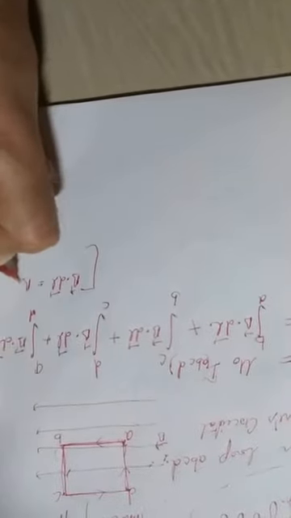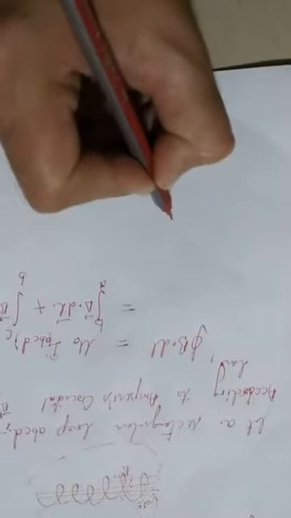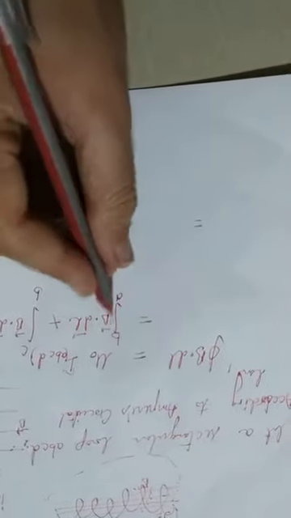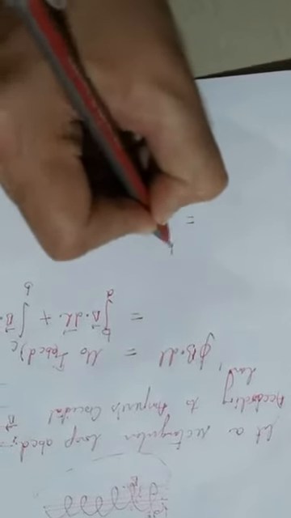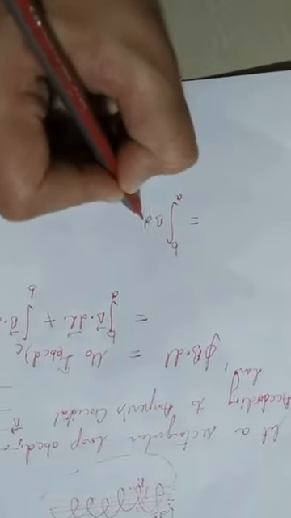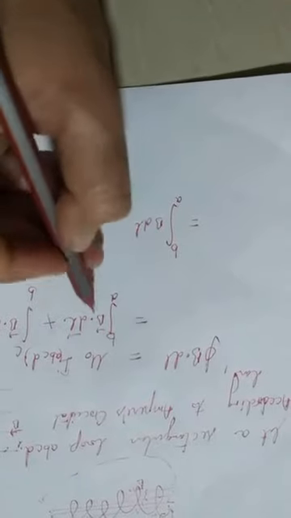Now next we will find the angle between them. As we know, B dot dl we can write as B dl cos theta. Now we will find the angle between the length and the magnetic field. First case, along AB: we can write B dl cos theta.